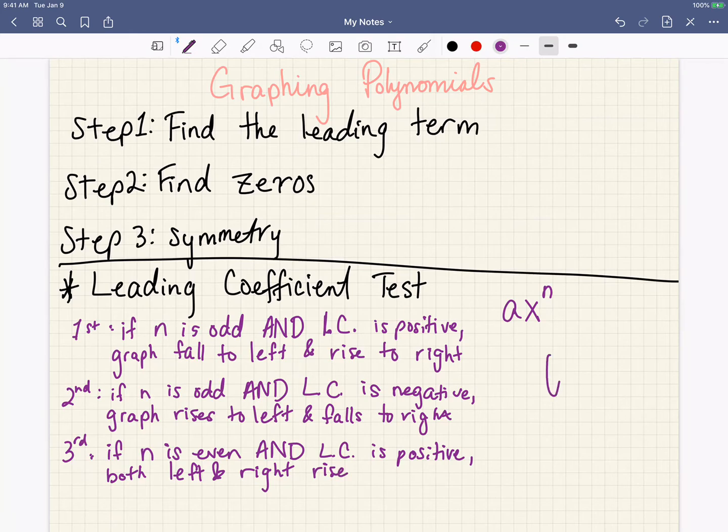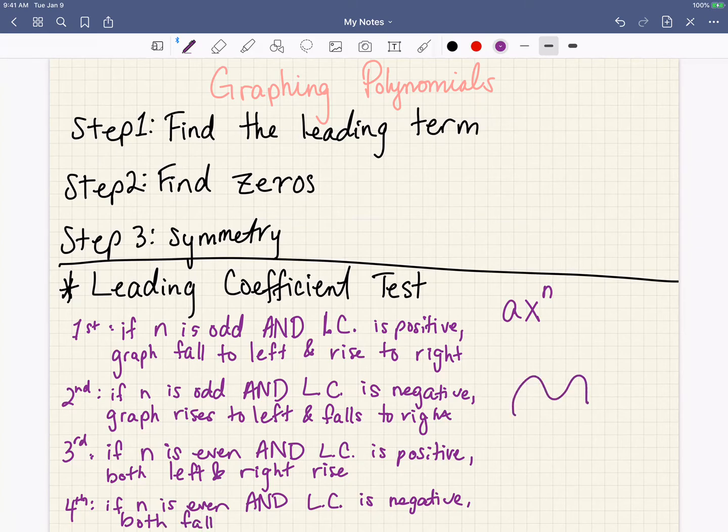So I'm not even going to draw the coordinate anymore, but it would look something like that, more like a W. And then the last case is if the exponent is even and the leading coefficient is negative, both fall. So it would look more like an M.